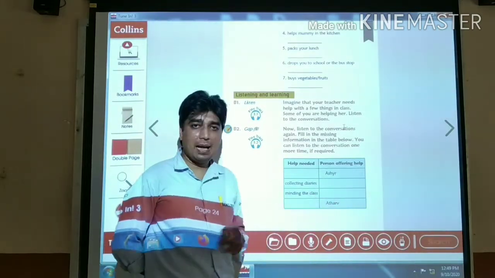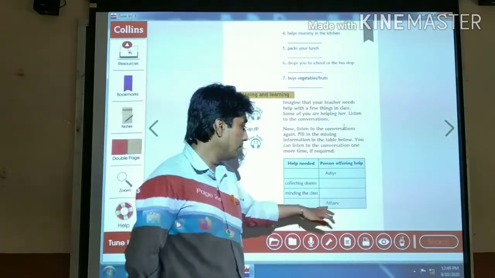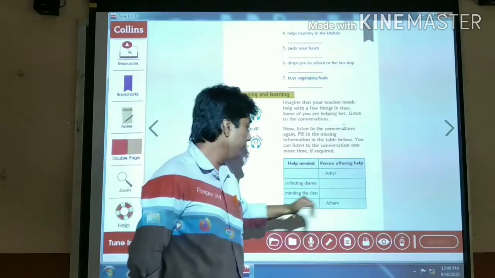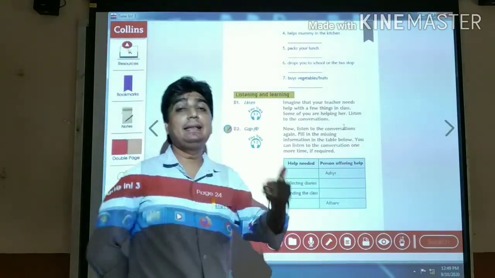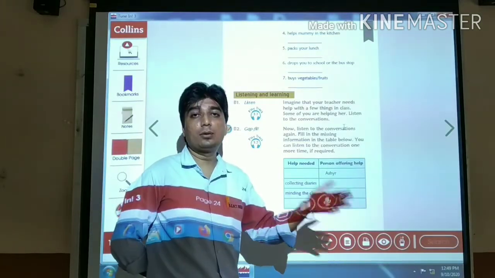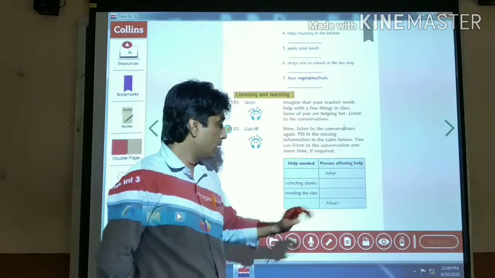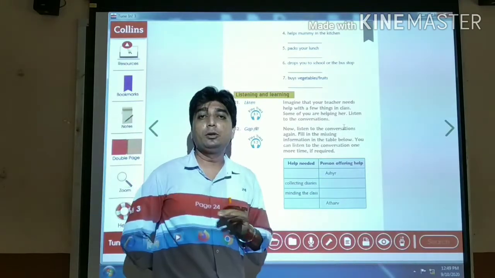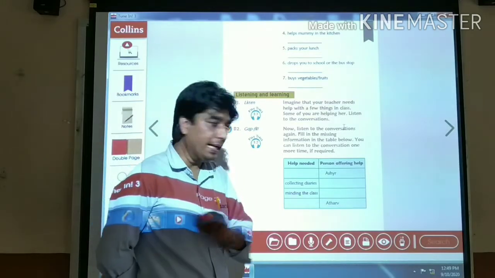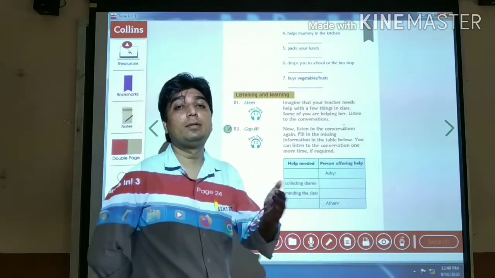Now, minding the class, there were two names, Tejas and Athar. Now, the teacher said that she needs to go outside, so she required someone to mind the class. So who is going to mind the class? That is a girl, Neha. But there was a boy who required help to solve the sums.